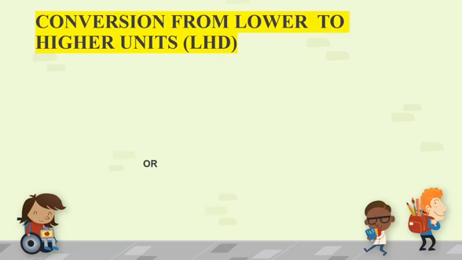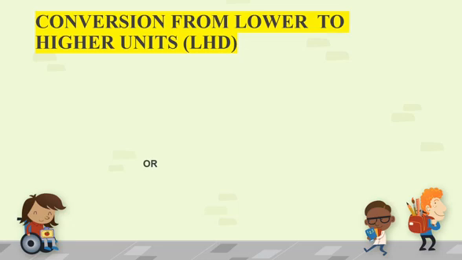See children, if we remember why we are doing this and how we are doing this, if we answer these questions, then we'll always remember the concept very nicely. Why division? Why multiplication?